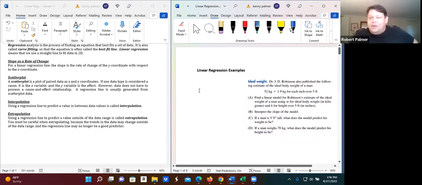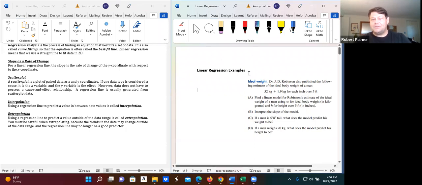This is about ideal weight. It says Dr. J.D. Robinson also published the following estimate of the ideal weight of a man: 52 kilograms plus 1.9 kilograms for each inch over 5 feet.